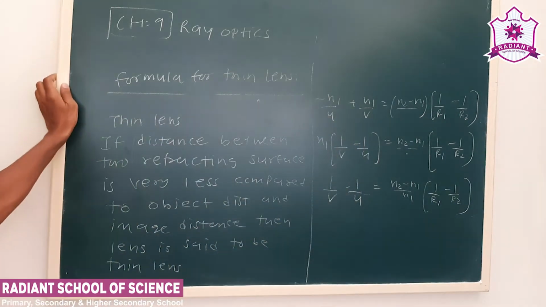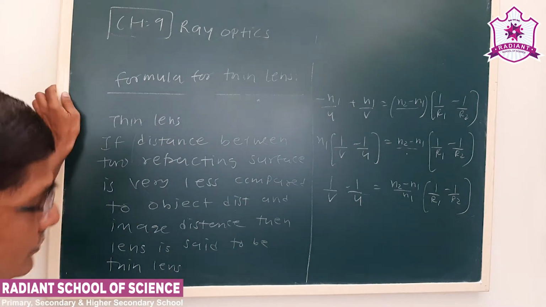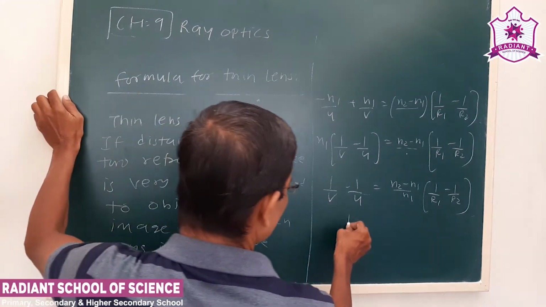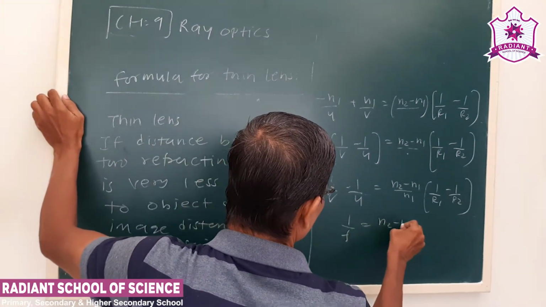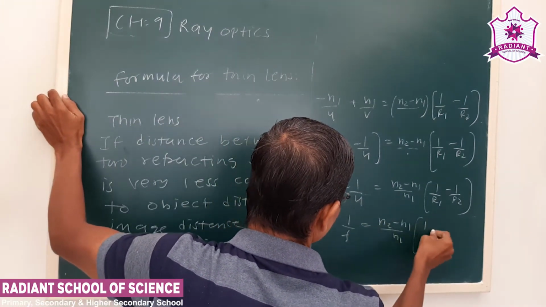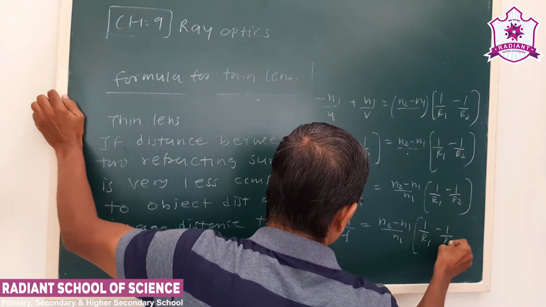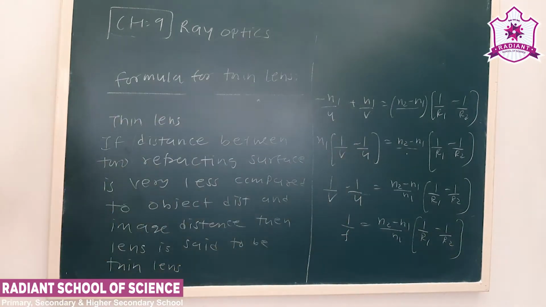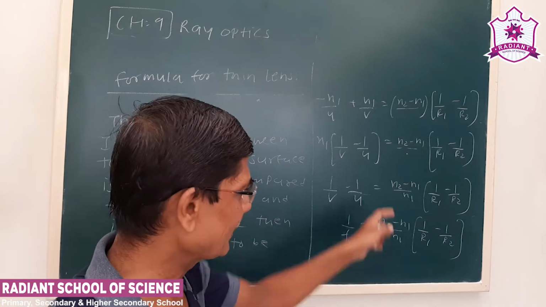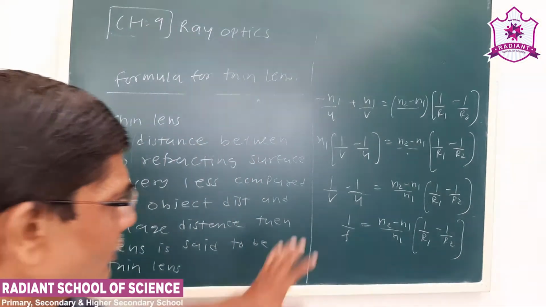Okay, now see, just now we have derived 1 upon f is n2 minus n1 upon n1, 1 upon r1 minus 1 upon r2. Now if we compare these two equations, we can see the right hand side is the same in both equations.